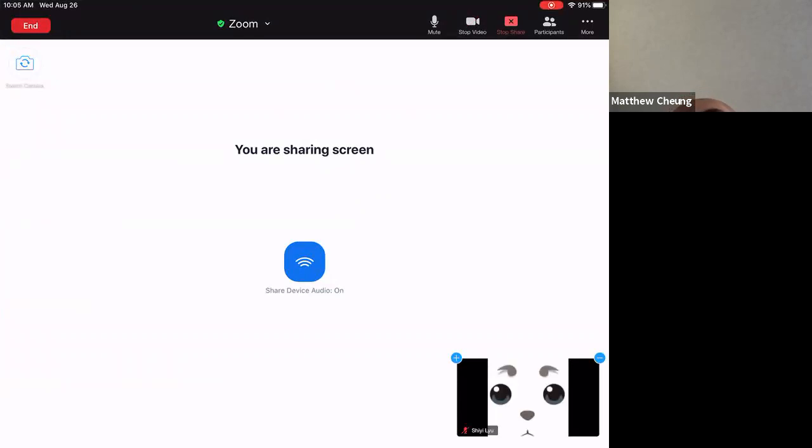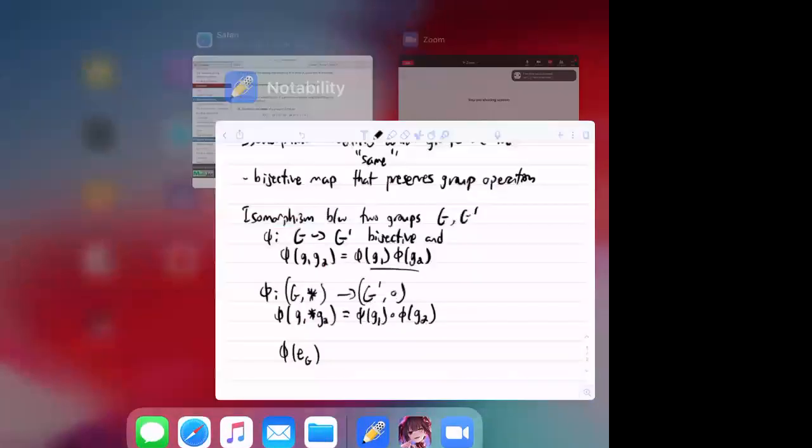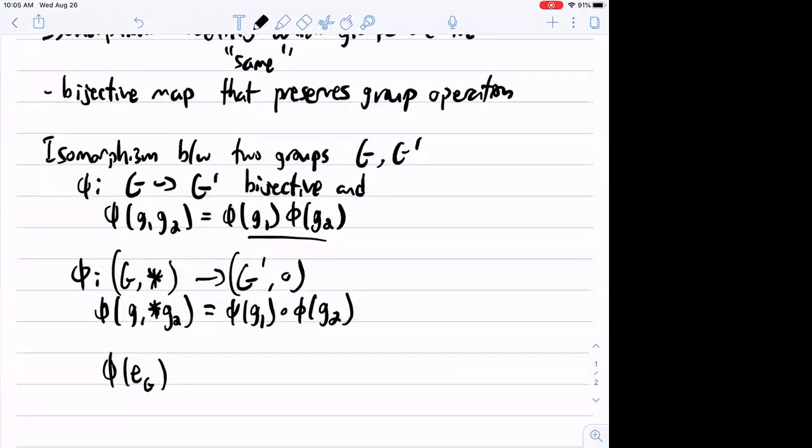If you had to guess, out of all elements in G prime, where must the identity on G go?